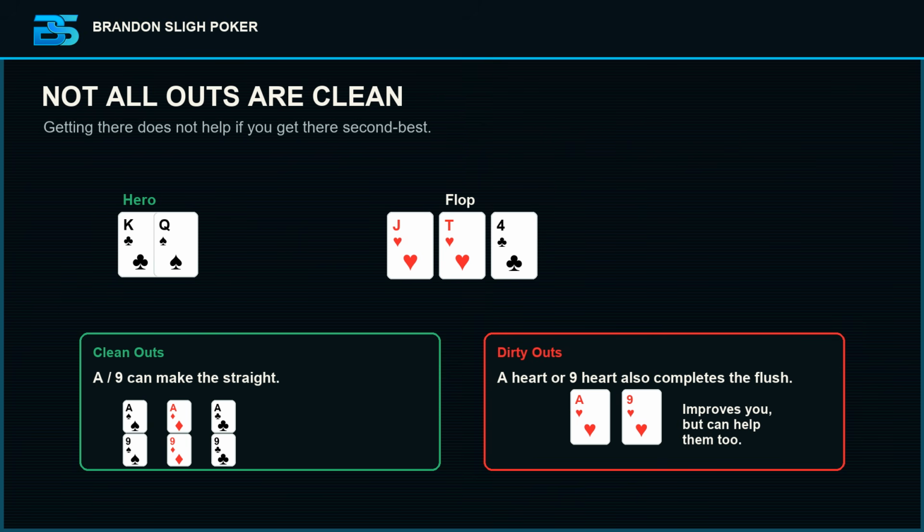That does not mean you can never continue and are automatically beat, but it does mean every out is not the same. Sometimes players love to chase cards, not realizing when they make their hand, it may also complete their opponent's. Getting there does not matter if you got there with the second best hand.